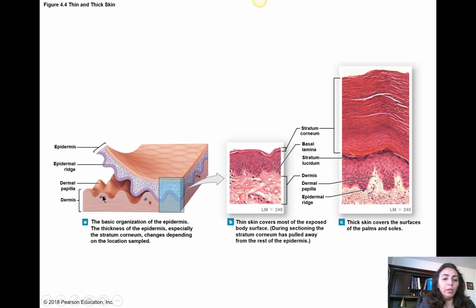In the same way, parts of the dermis that interlock with these are projecting up. We call those from the dermis dermal papillae. That's why the first part of the dermis is called the papillary layer. So these papillae get into the epidermal ridges, and this makes a connection between them.